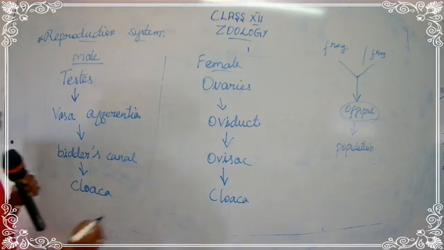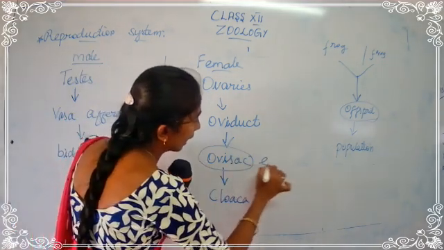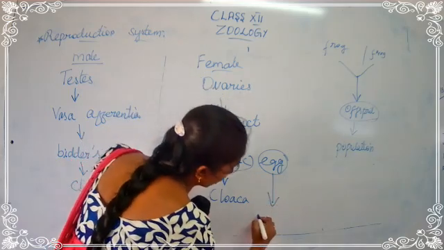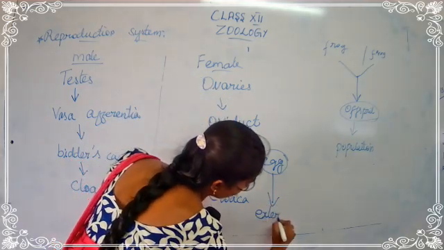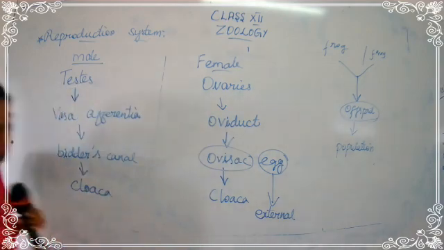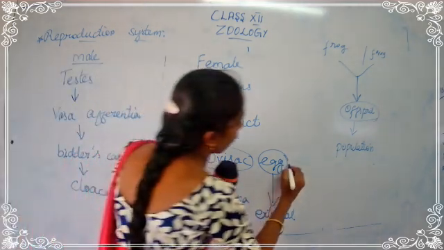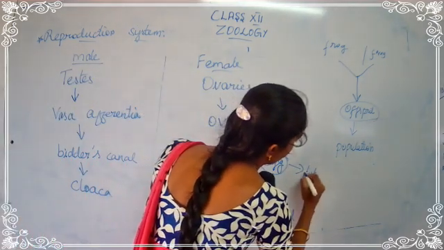The ovisac only preserves the egg. After that, fertilization is external. After hatching, the egg develops into tadpoles.